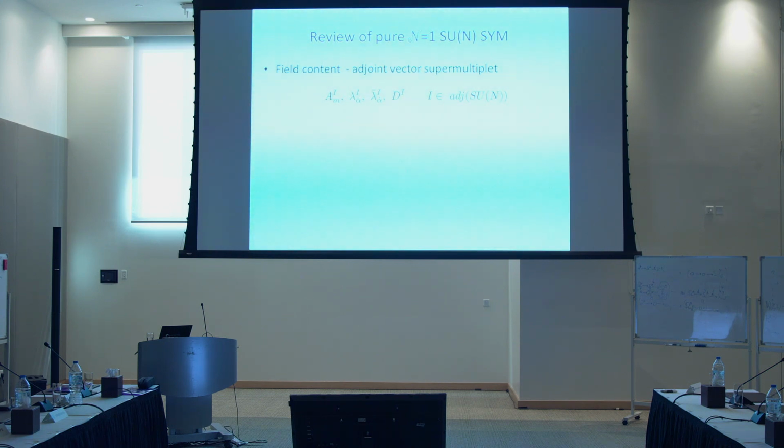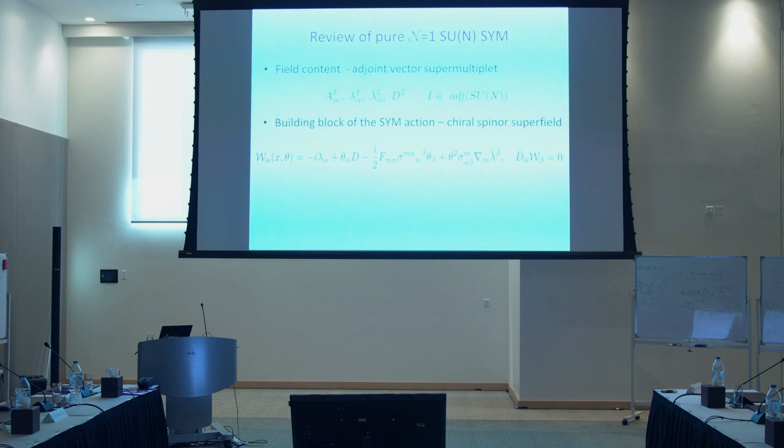So we will deal with the vector multiplet in the adjoint representation of SU(N), where A is the gauge field, lambda are the gaugini, and D is the auxiliary field of this vector multiplet. The index I is the adjoint index, which I will skip everywhere in my talk.